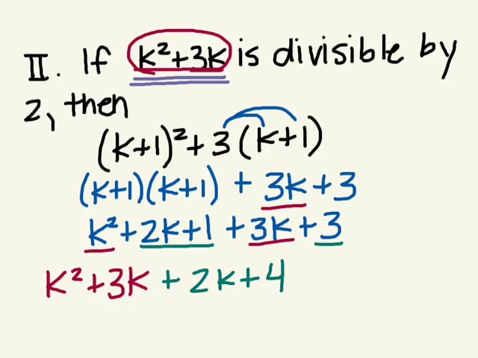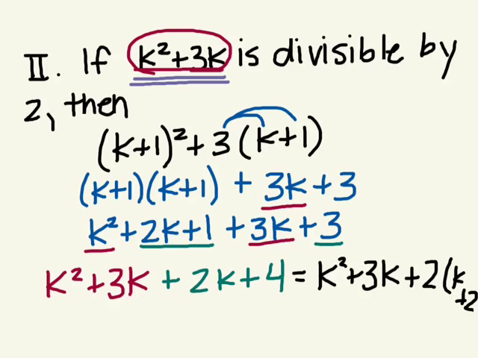You should be happy right now because that looks pretty nice. If you group these, we have k squared plus 3k plus 2 times k plus 2. Sorry, I ran out of room there. Here, let me write that on the next slide for you.